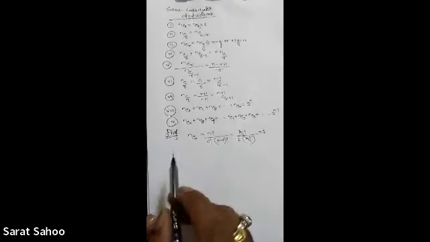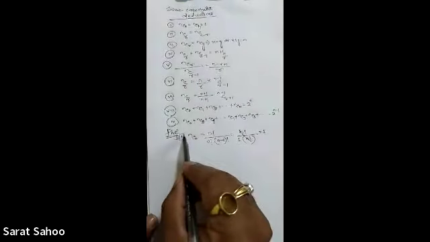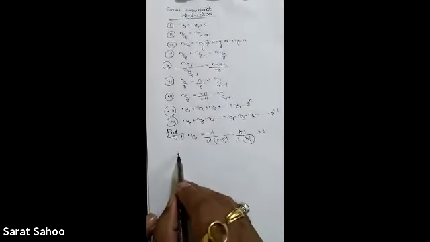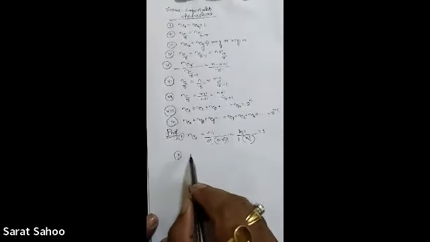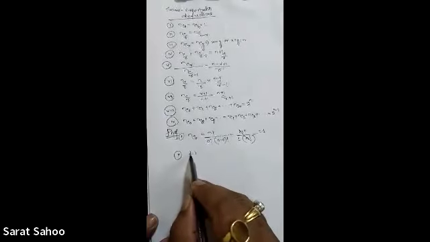Come to the second bit. nCr is equal to nC(n minus r). So start with the right hand side, sorry.